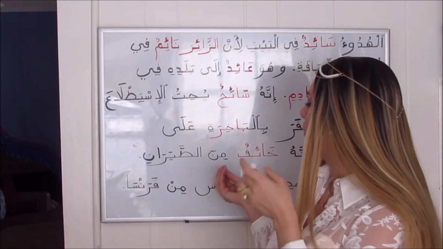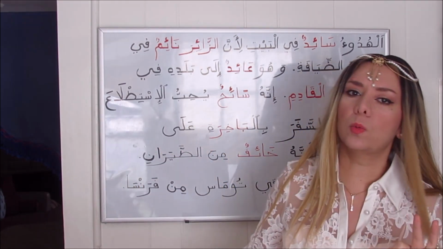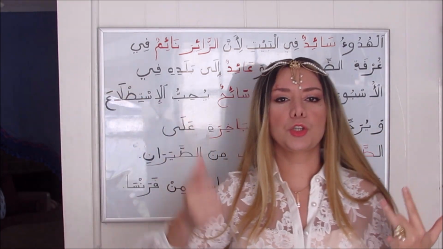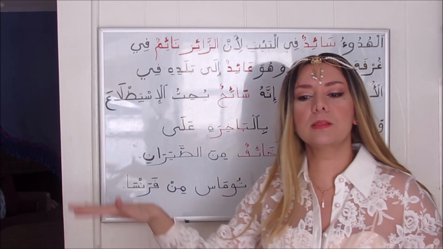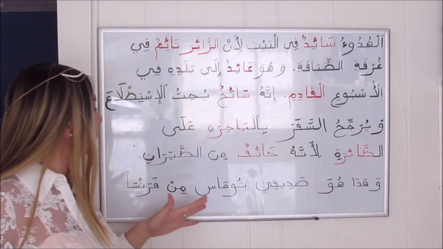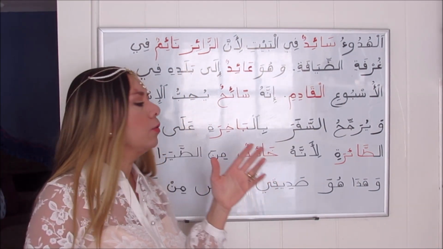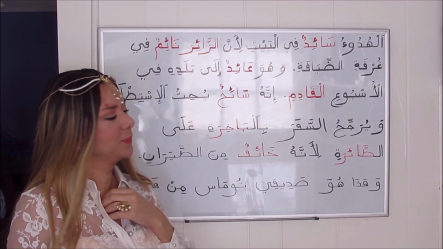Normally the preposition min comes with a sukun, but when it's followed by another word, that sukun turns to a fatha to facilitate the pronunciation. من الطيران. الطيران means flights. Because he is frightened of flights. He's a chicken.